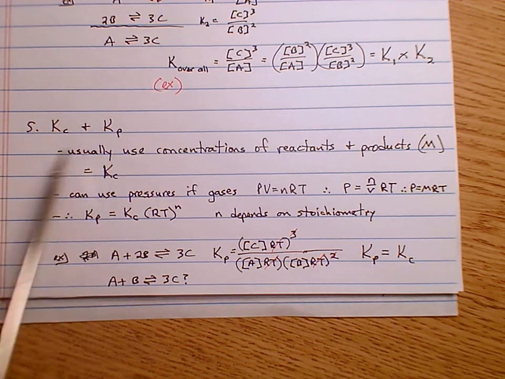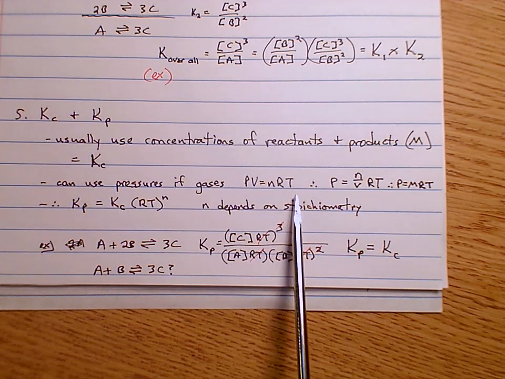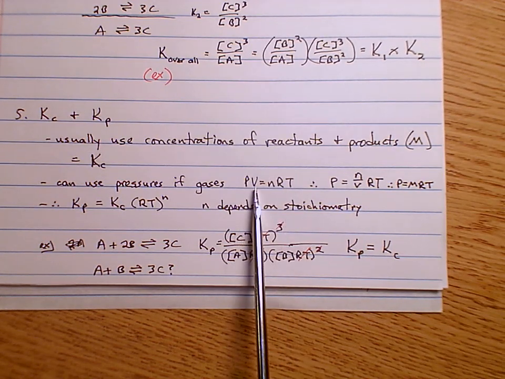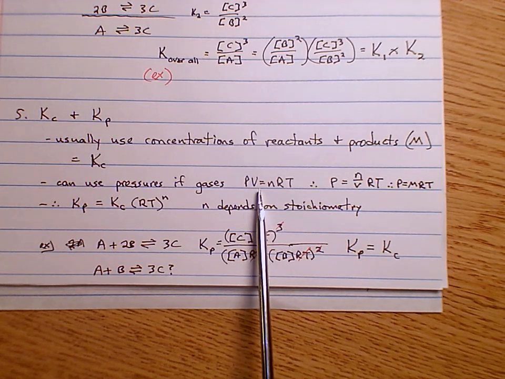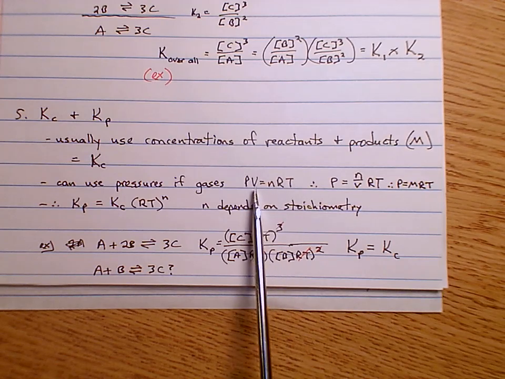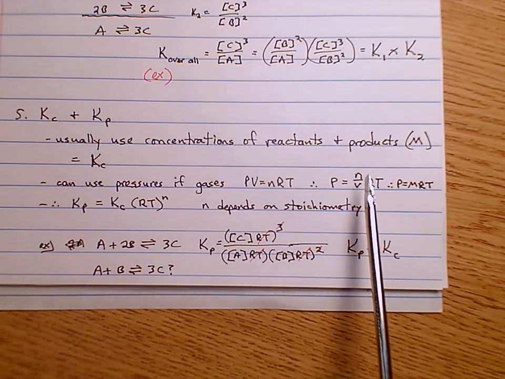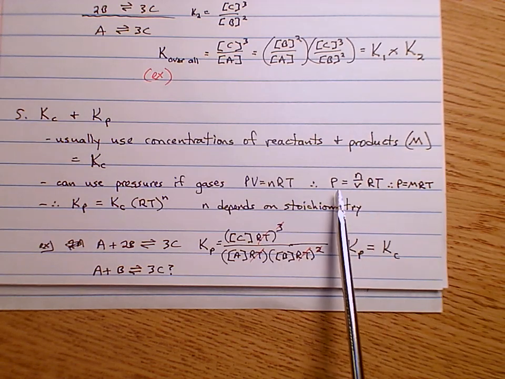And it turns out Kc and Kp are related. Because if you look at the ideal gas law, we know PV equals nRT, pressure times volume. Of course, volume is in liters in the ideal gas law. n is the number of moles. So if I take V over to the other side, dividing both sides by V, I get pressure equals n over V times RT.